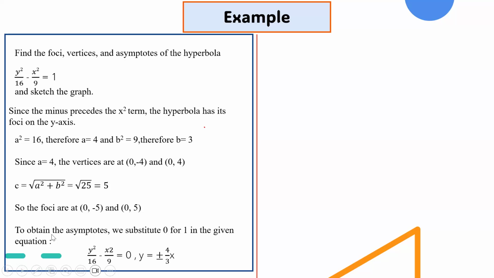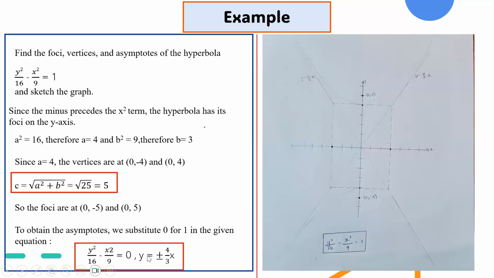Now, to obtain the asymptotes, we will substitute 0 for 1 in the given equation. So we'll equate our equation to 0, which will be y equal to plus or minus 4 over 3 x. And here on the right-hand side, we have our sketch hyperbola.